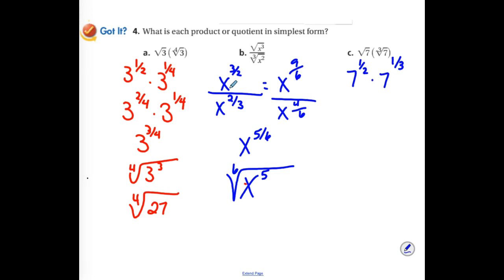Okay, in order to put these 7s together, we have to do what? Common denominator, which would be 6. All right, so 1/2 is 3/6. 1/3 is 2/6. So we have 7 to the 5/6. So again, we're doing a 6th root of 7 to the 5th power.